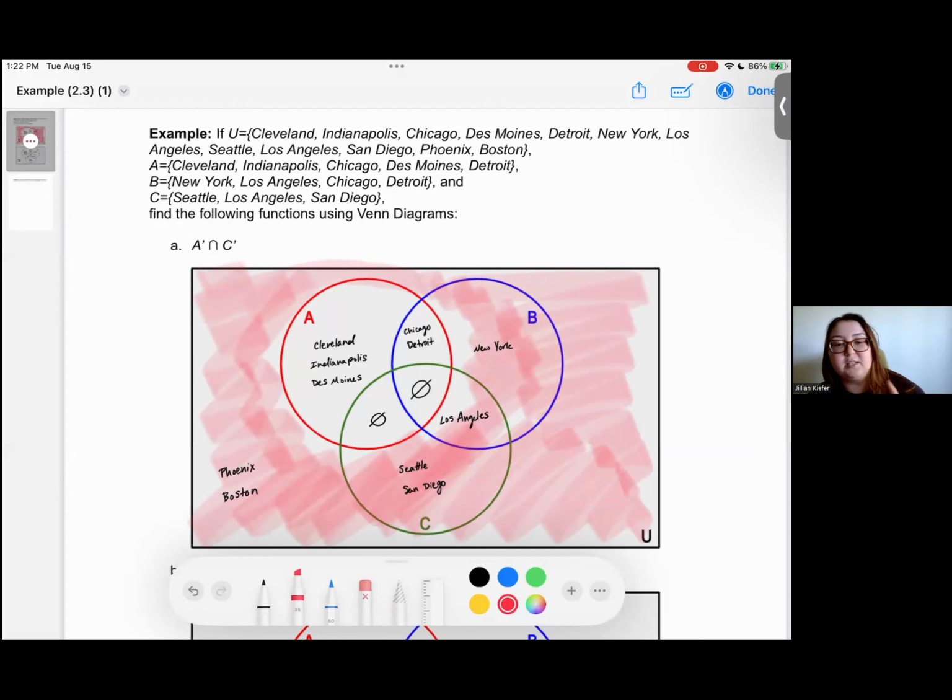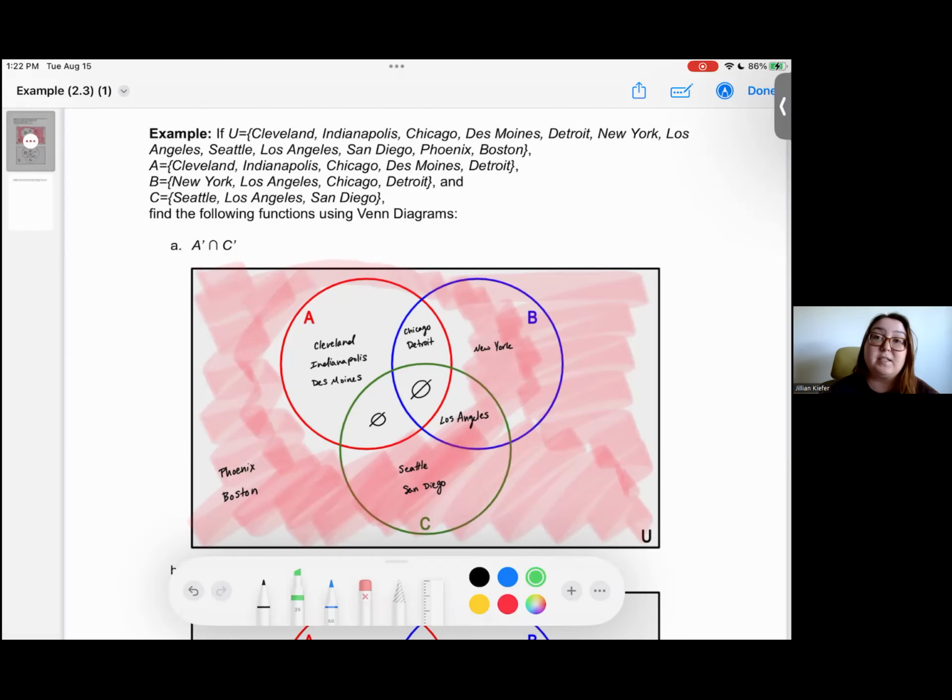But we're intersecting this with C complement. So when we intersect it, what we're finding in the end is the regions that they both share. The shaded regions they both share. And now to shade in C complement, we're going to shade in green.